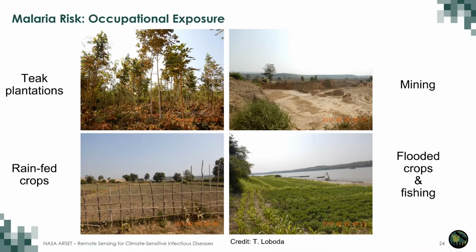They are very prevalent and we know they're a hazard for malaria outbreaks, mining activities, rain-fed crops, flooded crops and fishing. So all these types of occupational exposure are directly observable from moderate and very high resolution imagery. So we can get some proxy metrics from Earth observation data that will allow us to estimate occupational exposure.